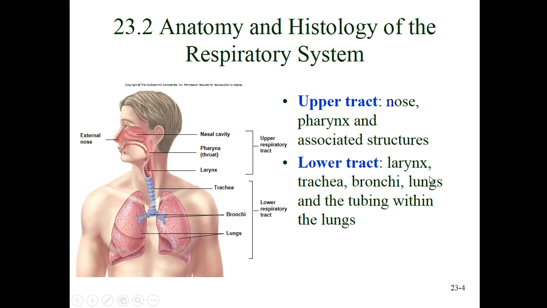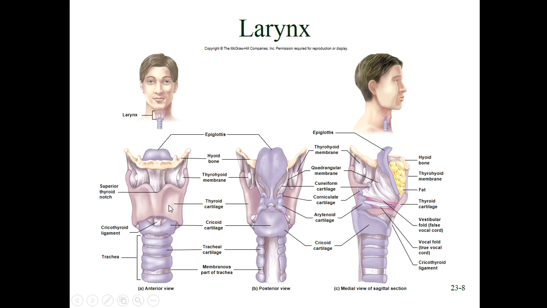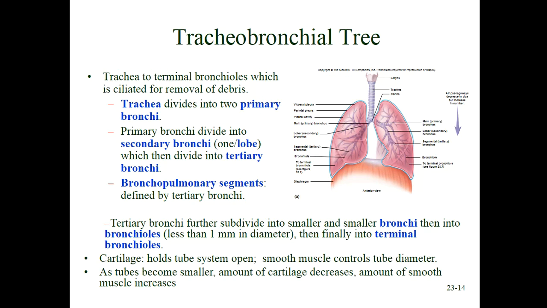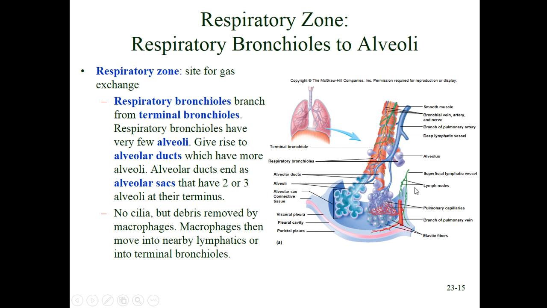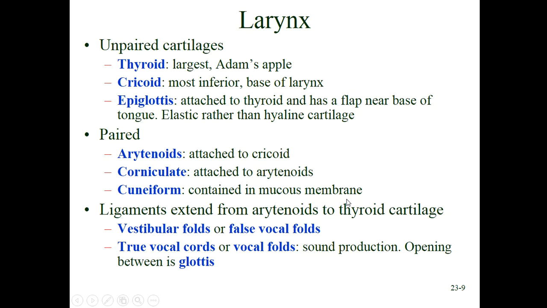Lower respiratory tract is everything below the glottis, including trachea, bronchi, the bronchioles, these smaller tubes that we see in this picture right here, and then ultimately the alveolar sacs and the alveoli. That's all lower respiratory tract.